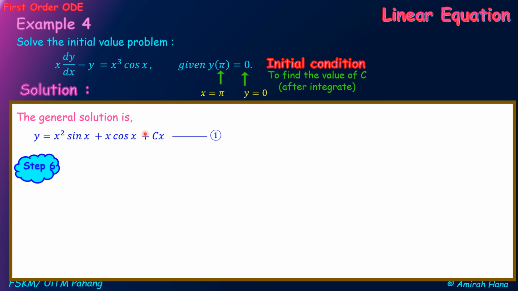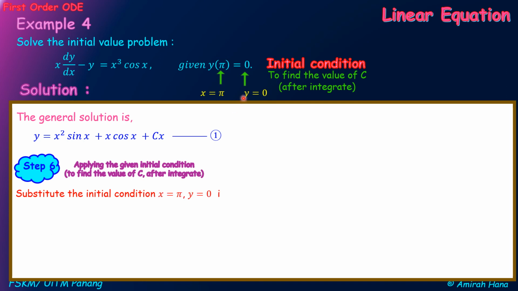Okay? Then we can continue with step 6. Applying the given initial condition to find the value of c after we integrate. So we need to substitute the initial condition x equals pi and y equals 0 into equation 1.